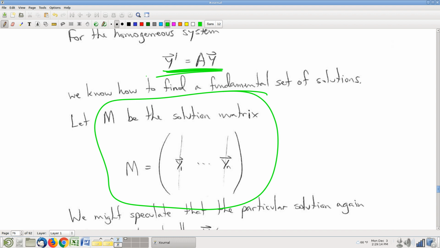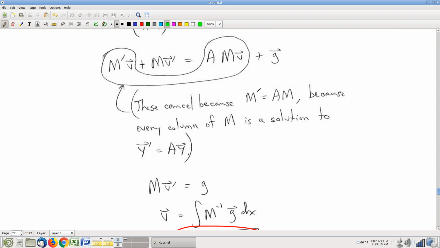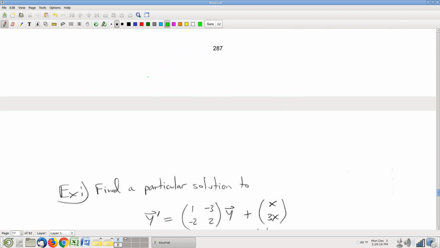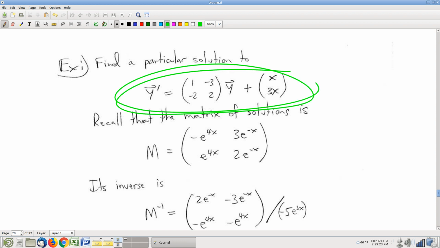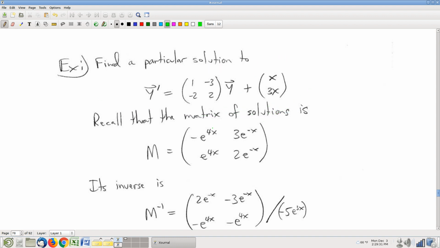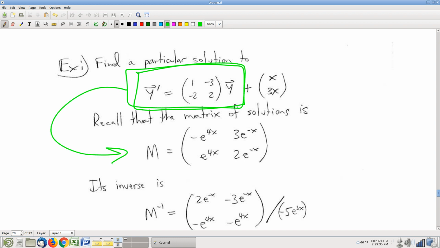Okay, so let me show you some quick examples of what that looks like. It's just a bunch of algebra, and we won't have time to get through a significant amount of that here. But suppose you want to find a particular solution to that system. Here's your non-homogeneous term over here. Where does that particular solution come from? Well, first, look at the homogeneous part. We've already talked about how to find homogeneous solutions.